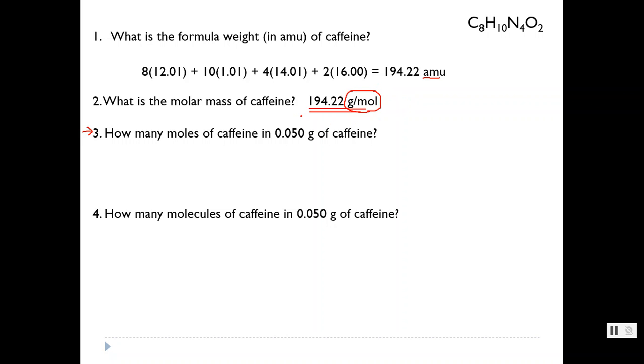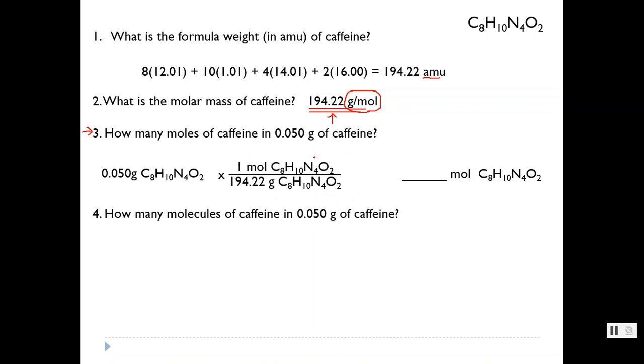So we start this problem just like we would any other unit analysis or unit conversion problem. Write down the number and the unit that we're given. Give ourselves some space to work the problem. Write down the unit of what we're looking for. Then we see we have to go from grams of caffeine to moles of caffeine. The way we go from grams to moles of the same substance is through its molar mass. So I'm going to take the molar mass that we calculated in number 2, which was 194.22, and write it appropriately as a fraction, as a conversion factor.